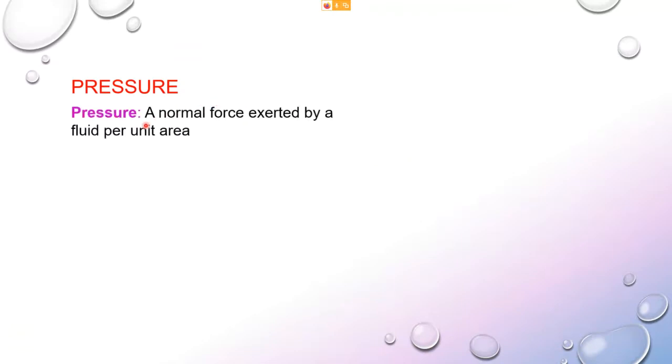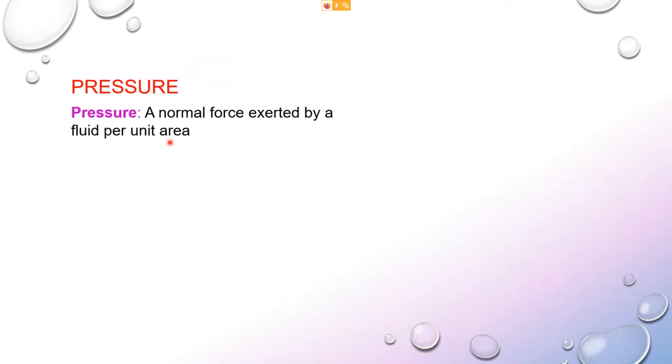Okay. So pressure, the definition of pressure is a normal force exerted by a fluid per unit area. So that is force per unit area. Force per unit area will give you pressure. That is in Newton per meter square. We know that 1 Newton per meter square is 1 Pascal.